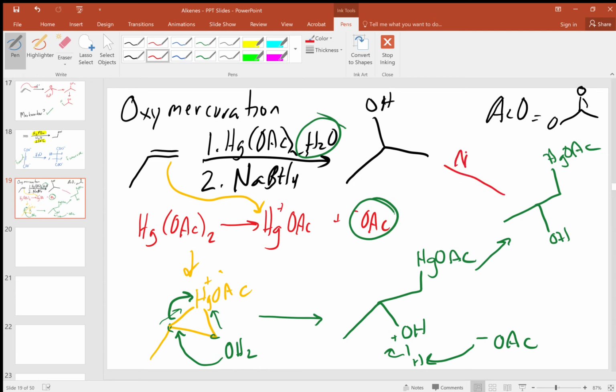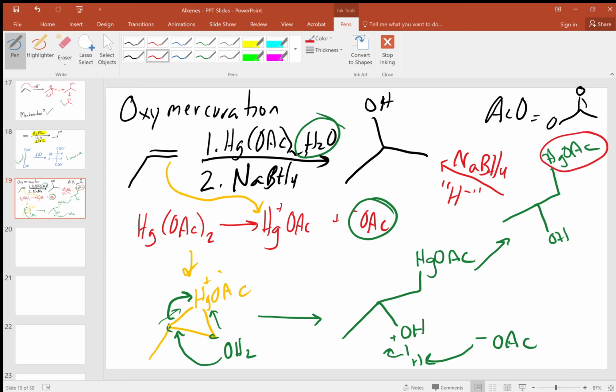So sodium borohydride is a reagent that we'll see more of in organic two, but it basically functions like H-. And what the H- will do is that it's going to replace the mercury group with a hydrogen.